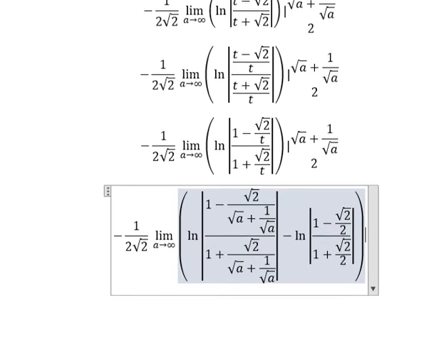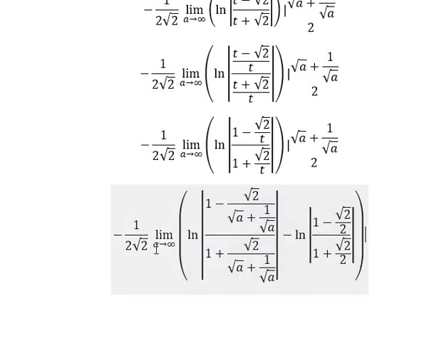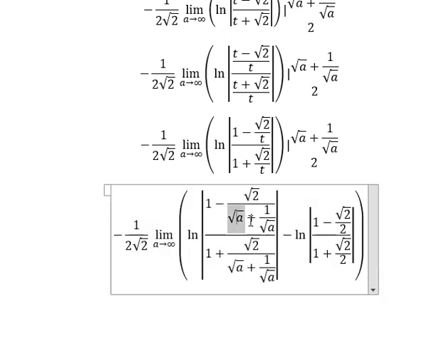So when a approaches positive infinity, this one will go to positive infinity. This one will go to number 0. So the square root of number 2 over positive infinity, you get 0. Similar for this one.